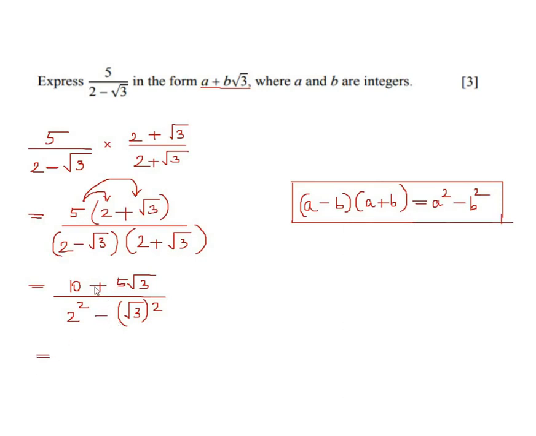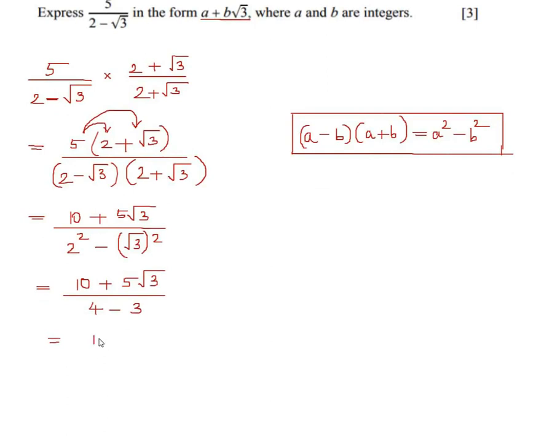Then the numerator, we just write it as 10 plus 5 radical 3, and in the denominator 2 squared is 4 minus radical 3 squared is 3. Remember, if we are squaring a radical or a square root, the square root disappears.